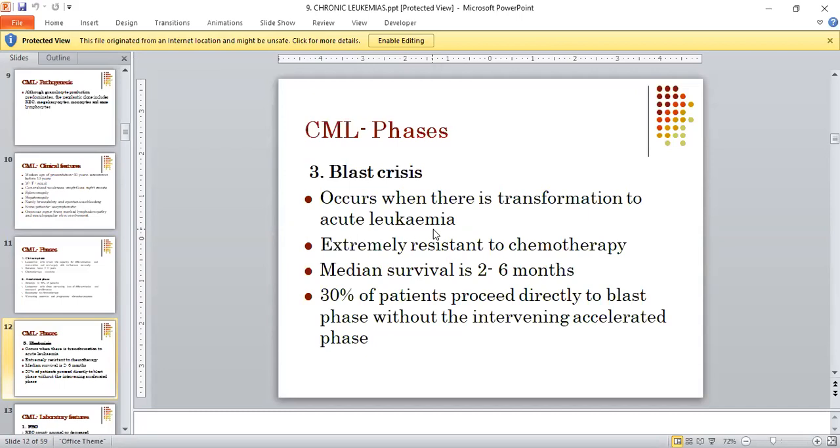At this stage, it is extremely resistant to chemotherapy. This is why your doctor tells you have about 6 months left to live. And 30% of patients proceed directly to the blast phase without even going through the accelerated phase. So the accelerated phase is like the median phase. Not every patient goes through it.